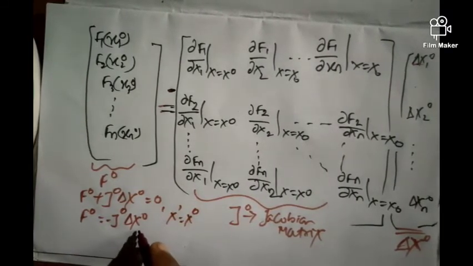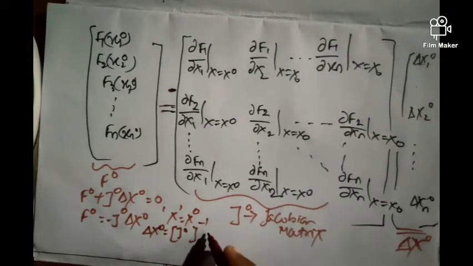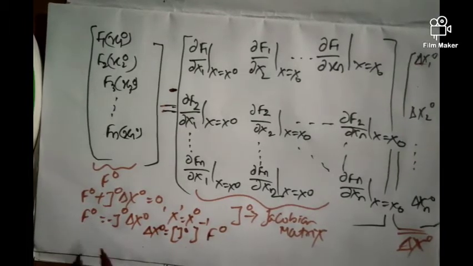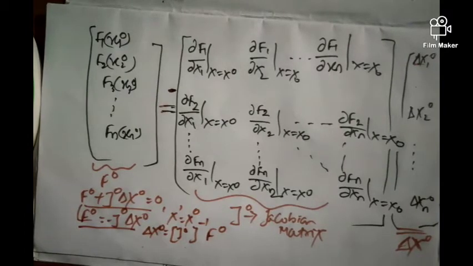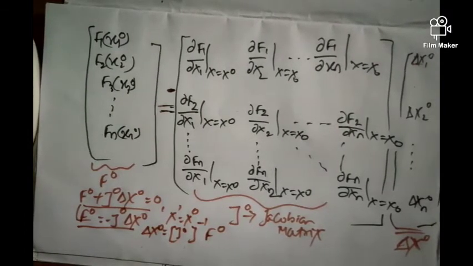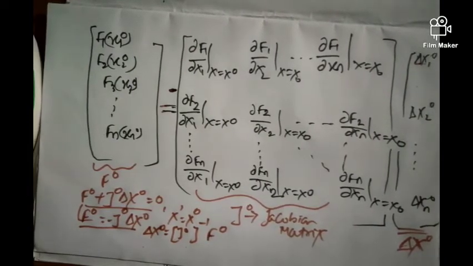After that we find del x0 equal to minus J0 inverse f(x0). Now we have to evaluate the correction required to be added to the initial guess value to get the desired solution.